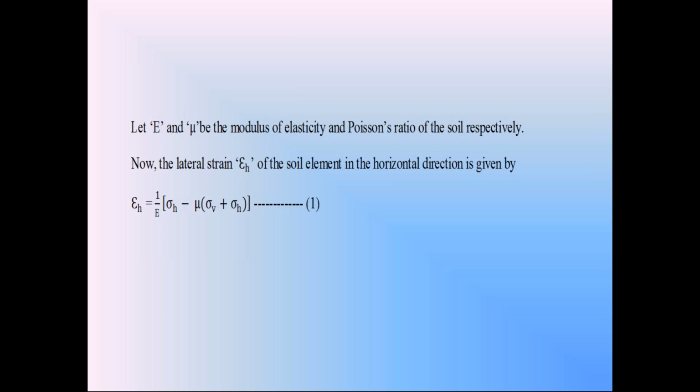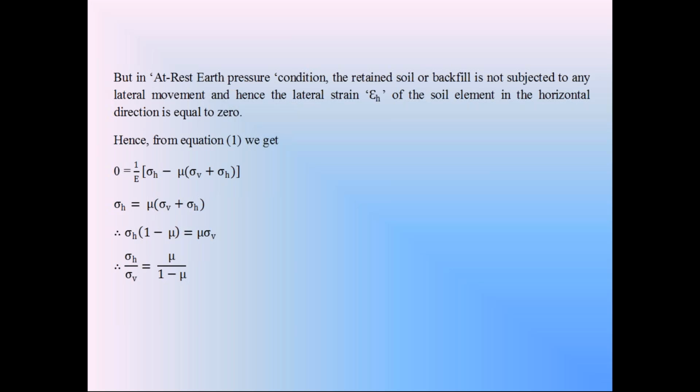So in equation 1, the strain EH is equal to 0, because in the at rest condition there is no strain in the backfill. So 0 is equal to 1 by E into sigma h minus mu into sigma v plus sigma h.